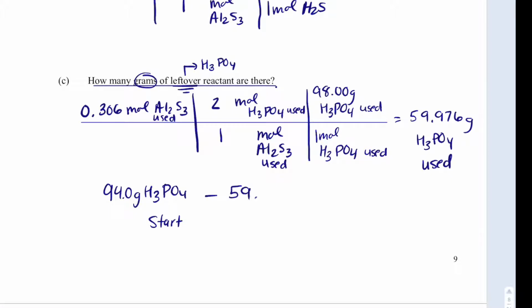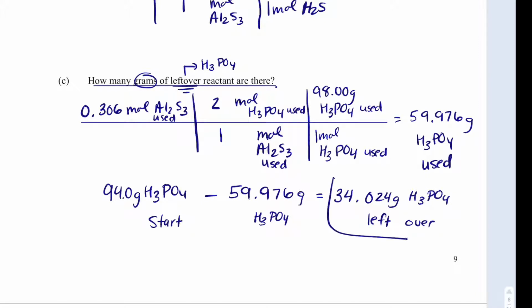I am using 59.976 grams of H3PO4. My sig figs are probably off a little bit, but that's okay. And when I subtract the two, I find out that there's 34.024 grams of H3PO4 left over. Okay, and so that's my final answer.